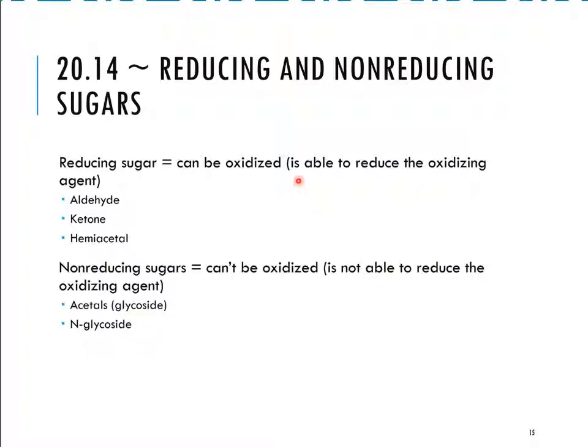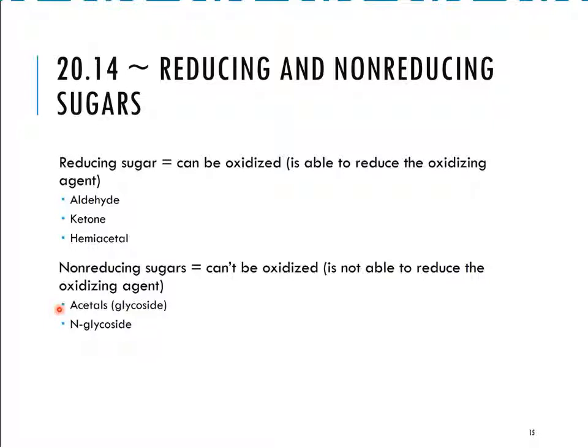Whereas if it's a reducing sugar, it is capable of being a reducing agent, which means that it can be oxidized. Now, the official definition of these is that a non-reducing sugar is an acetal, and a reducing sugar is anything that's not an acetal, which is a horrible definition. But here's a little bit better of a list.